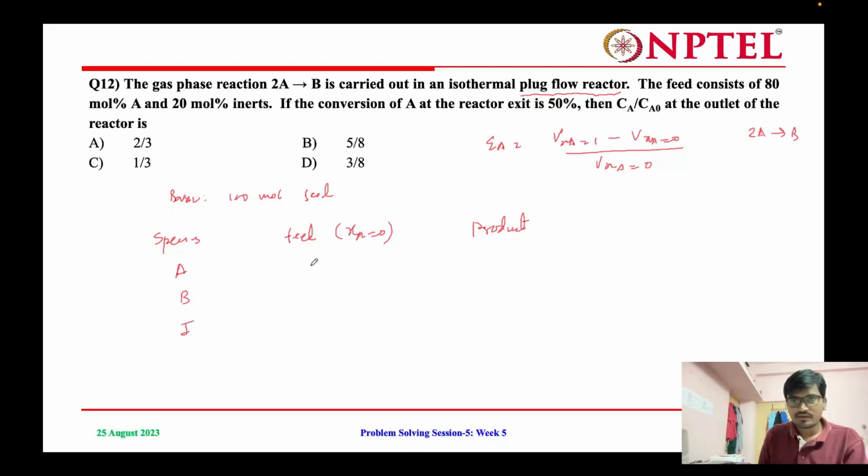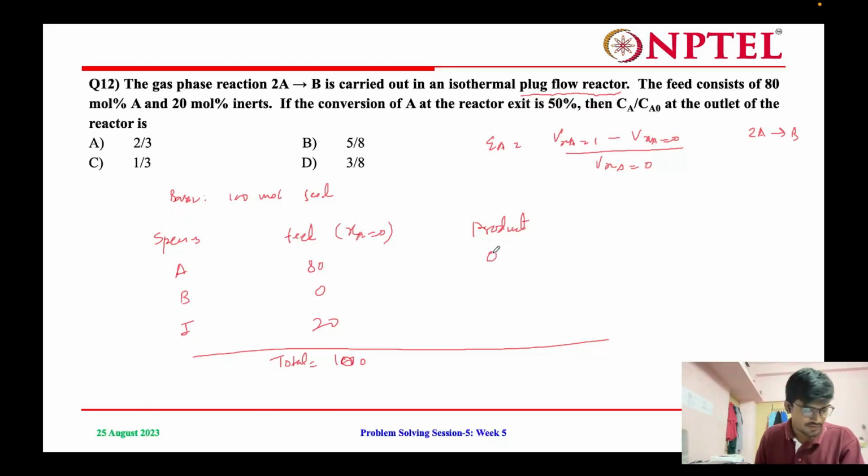Here feed has 80 for A, 0 for B and 20 for inerts, 100 total. In the product, A is 40, B is 20.